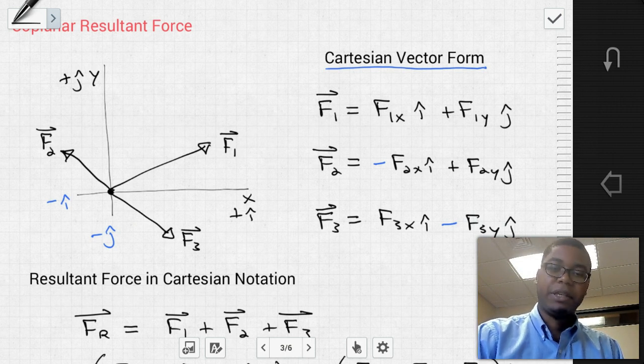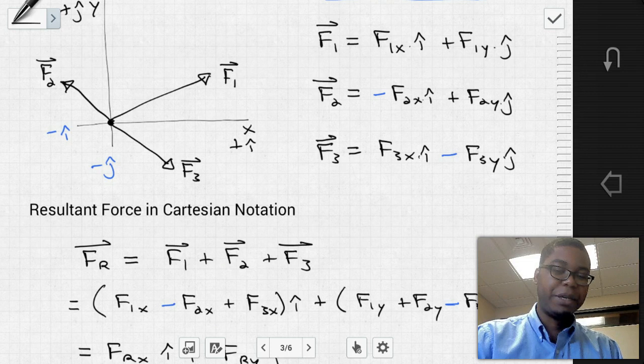And notice that in terms of this Cartesian vector form, we are actually multiplying these values times each other. And that's why we're able to move the negative sign to the front of this component, instead of having it in front of the j.